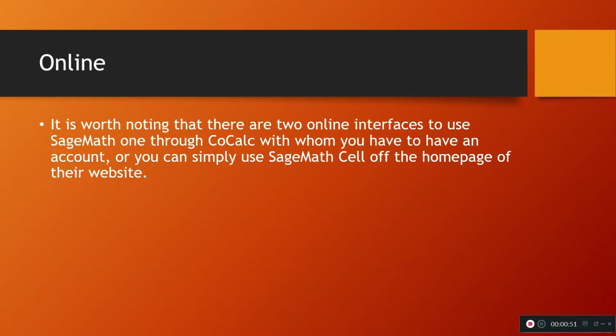And there's also the online version, which is very handy if you don't want to download anything, and it actually runs fairly smoothly. It uses their own SageMath through CoCalc interface, which you can use if you have an account with them, or you can just simply use the SageMath cell, which is right on the homepage of SageMath's website.